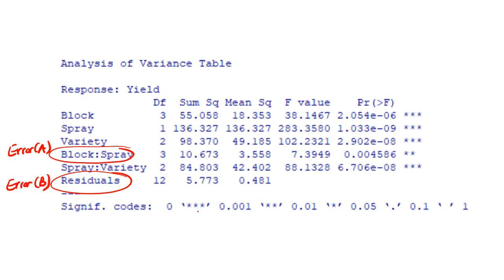In this analysis, there is a significant interaction at the 5% significance level. Hence, we cannot test for the main factors.